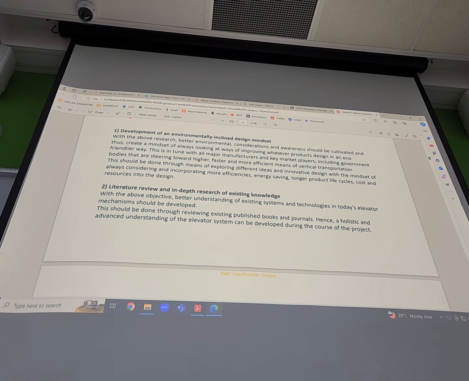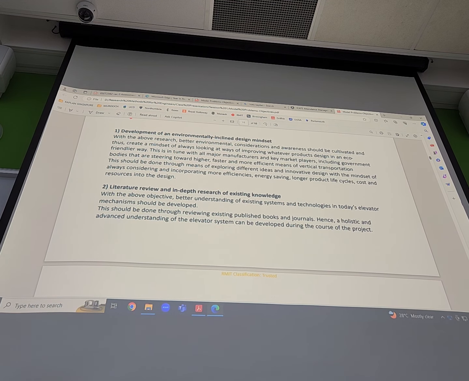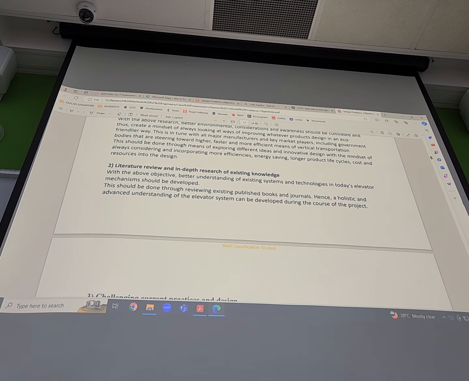It's a vague thing. Literature review is not an objective, because literature review is part of the process of methodology. Literature review is a method, part of your methodology to achieve the objectives, but literature review cannot be an objective.